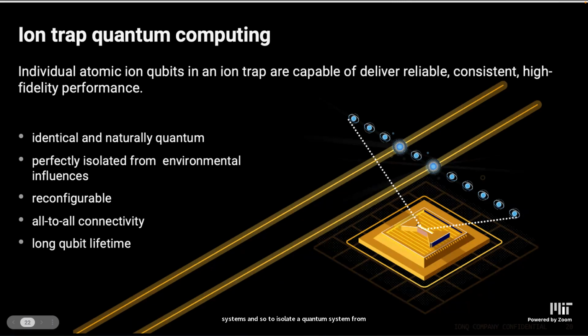Because we're dealing with individual atoms, as long as we can have a really good vacuum and only interact with them through light, we're able to prevent them from coupling to the chamber and the world. We want to avoid noise, et cetera. And so by having an individual atom-based quantum computer, we find it easier to create environmental separation compared to, say, a solid-state system.